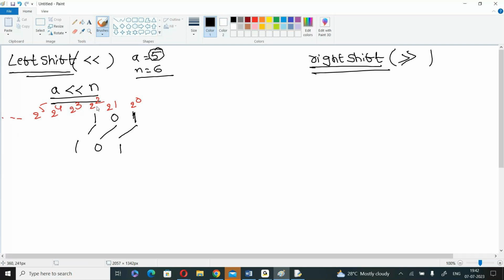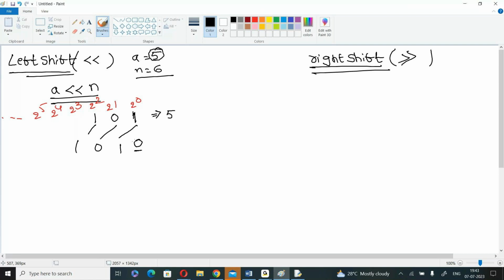Now, this is my original number 5. First perform the first left shift operation. The bits move to the left side. In the simple sense, the 2 square position bit 1 moves to 2 cube, 2 power 1 moves to 2 square, 2 power 0 moves to 2 power 1. Now what about this one? The empty position is filled with 0. One shift operation is completed.